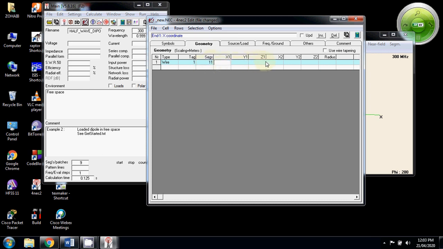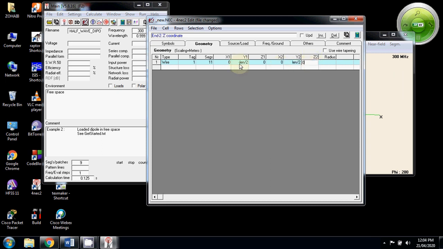x1, y1 and z1, x2, y2 and z2 are the starting and ending coordinates of our dipole. We have already decided that our dipole will be placed on the y-axis. So the starting point of our antenna should be x 0, y minus length by 2, and z should be 0, and at the ending coordinate we'll put 0, length by 2 and then 0.